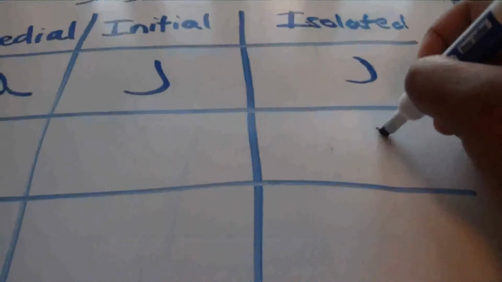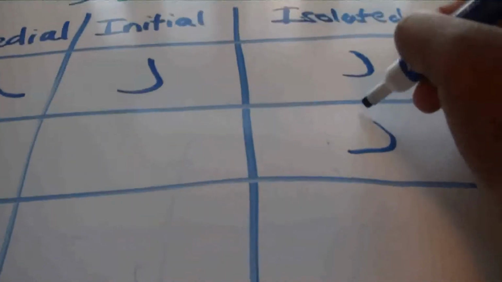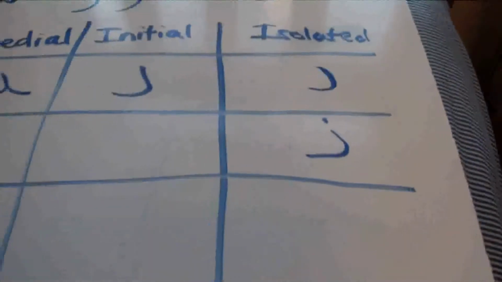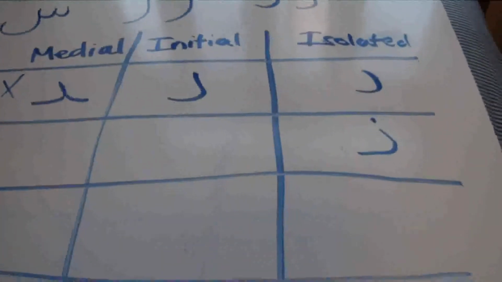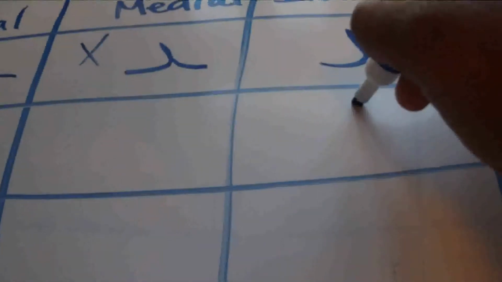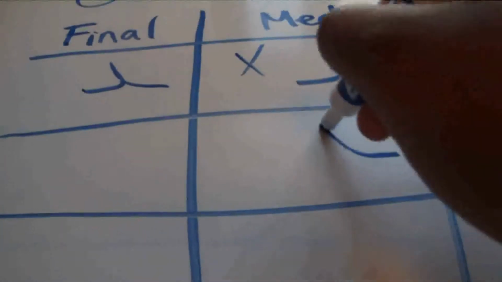Same with the Dhaal. So it looks just like the Daal, except this one has a dot placed above it. Here's its initial form. Medial form.